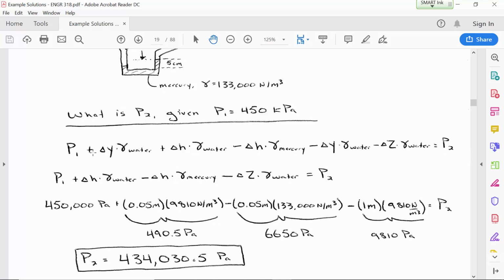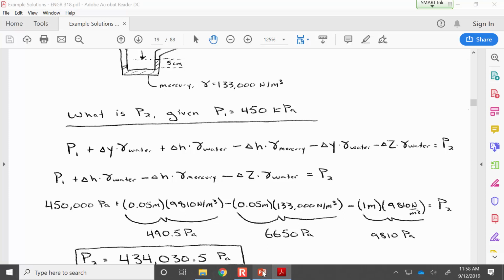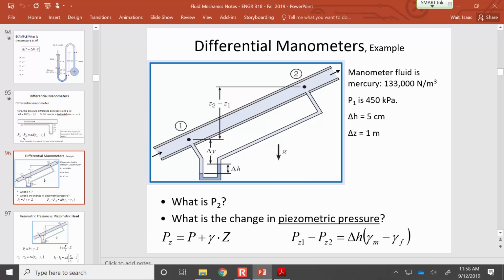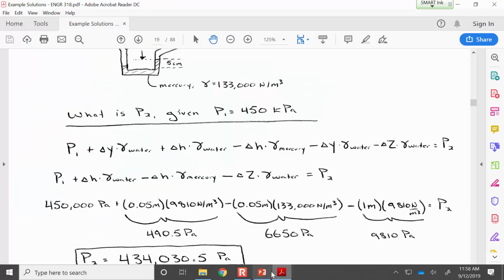It seems pretty abstract at first, but if you just keep focused on the sketch and how you're getting from 1 to 2, and the dimensions are a little bit strange, that there's a separate delta y and a separate delta h and so on, but if you're just applying the down means pressure is accumulating positively, up means pressure is decreasing, then you'll ultimately be okay.